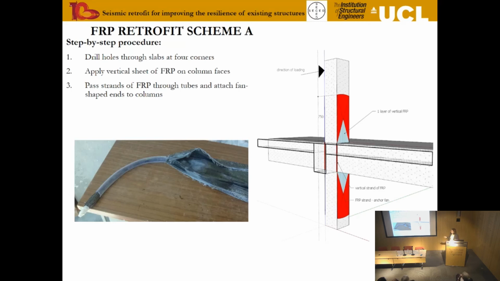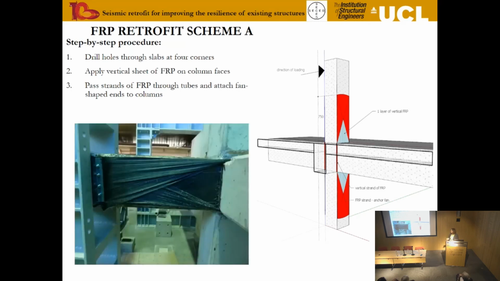The first time we did it, the strands ruptured really early, and we realized you can't have any sharp edges around FRP, so we encased them within a plastic tubing system. So holes, plastic tube, stick the FRP strands through, splay them so that they provide some level of anchorage. On top of that, we added mechanical anchorage to help those strands act together.